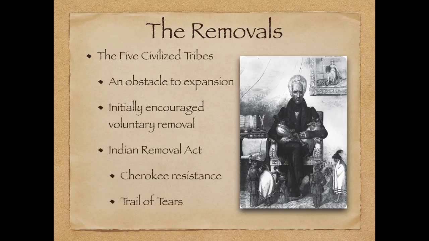As white settlers moved west, they encountered sizable numbers of Native Americans, and particularly in the South, it was the home to the so-called five civilized tribes that mainly were in the states of places like Georgia, Florida, Alabama, and that area around there.